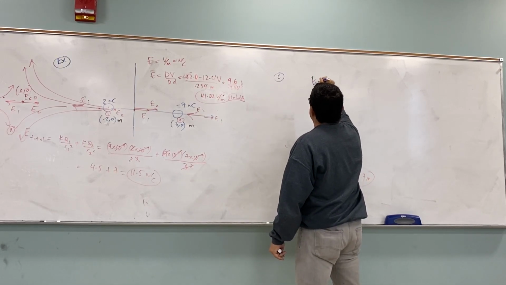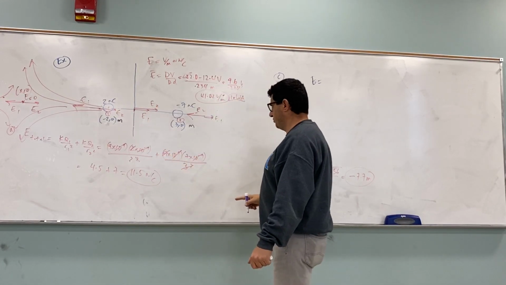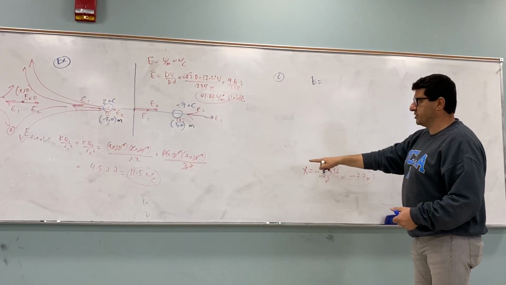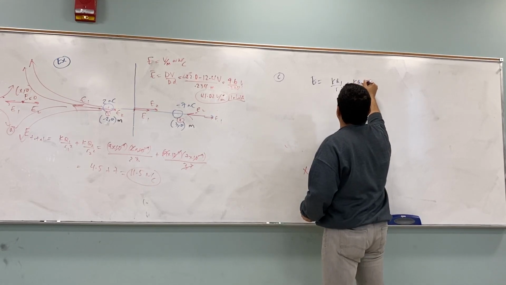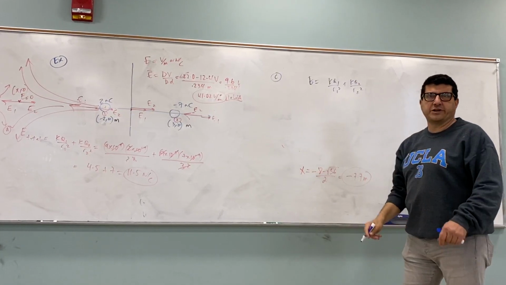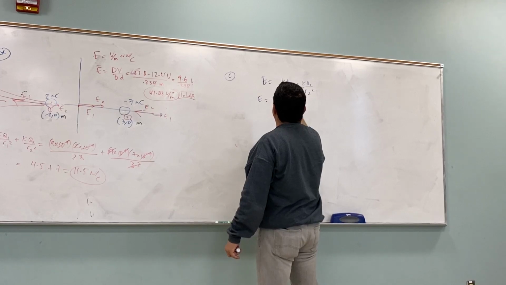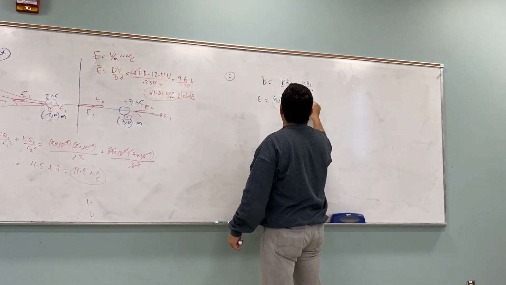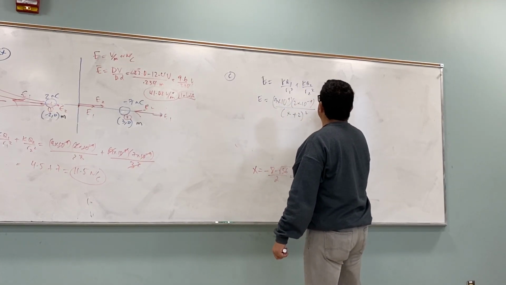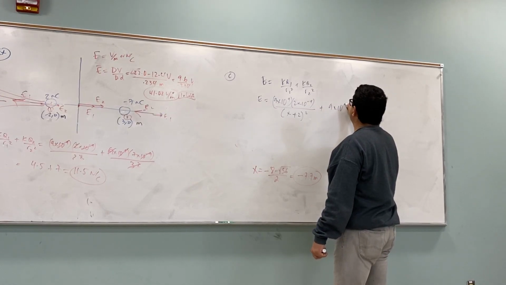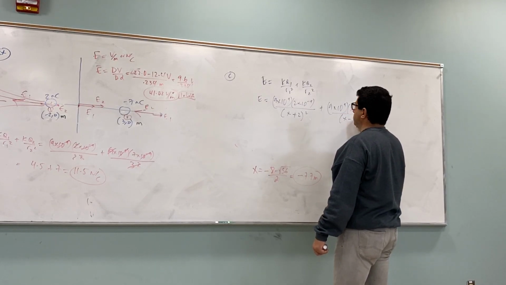So in between the 2 charges, the electric fields add up, right? It'd be basically the equation we just had, k q1 over r1 squared plus k q2 over r2 squared. So the general equation will be the sum of the two electric fields. 9 times 10 to the 9th, 2 times 10 to the minus 9, over (x plus 2) squared, plus 9 times 10 to the 9th, 7 times 10 to the minus 9, over (x minus 3) squared.